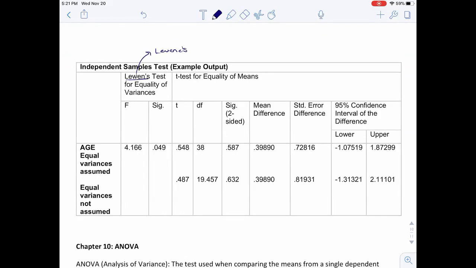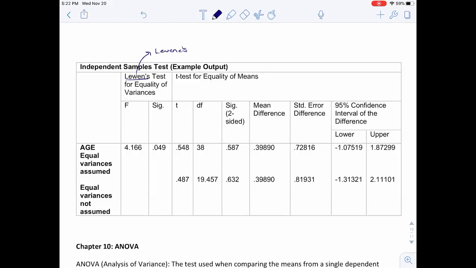So you've seen this table before, right? This is SPSS output in Excel. We had to do the Levene's test, and then we can do our t-test. Here, it's combined the two, right? Levene's test gives us an F and the significance, which is your p-value. The sig is always your p-value.